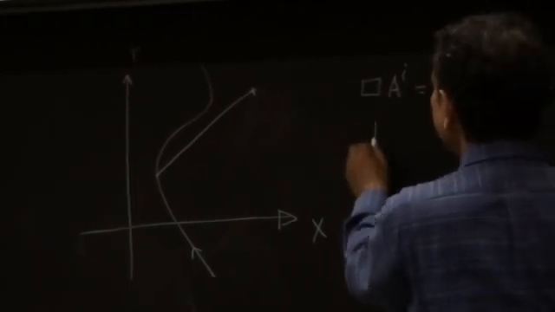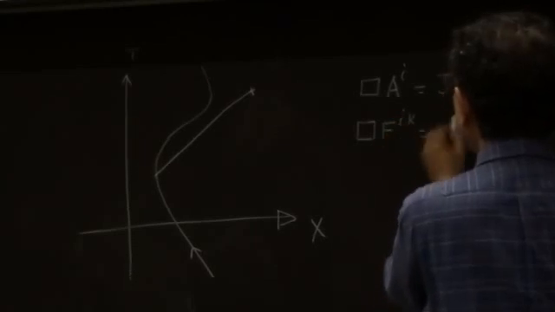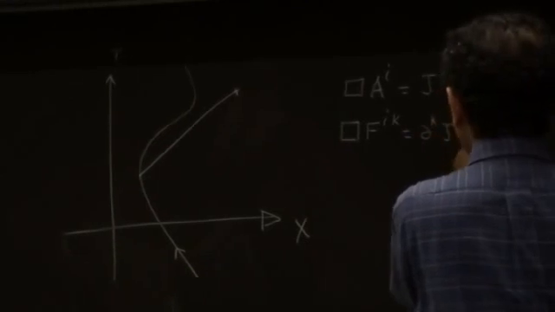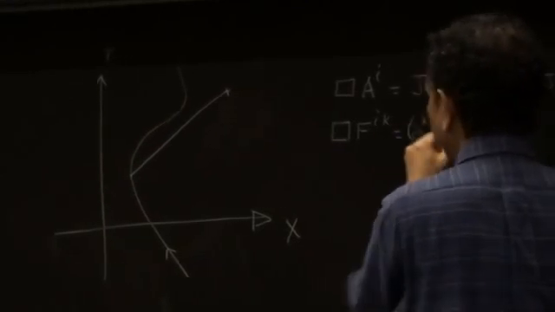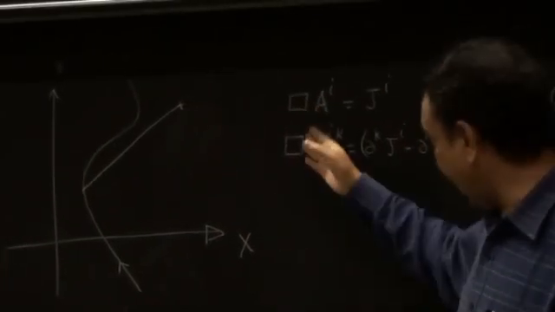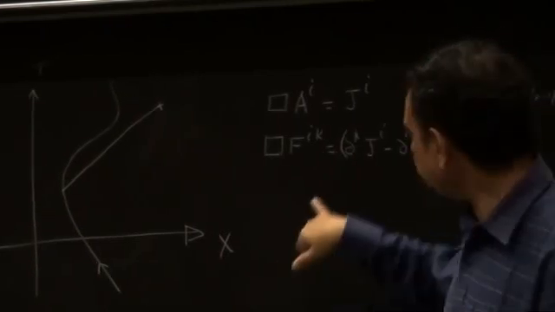If I take one more derivative here, I can write box of F_ik is d_k of J_i minus d_i of J_k. This equation has the same structure as this, so I could have written down the solution directly for F_ik. People don't do it, but it can be done.